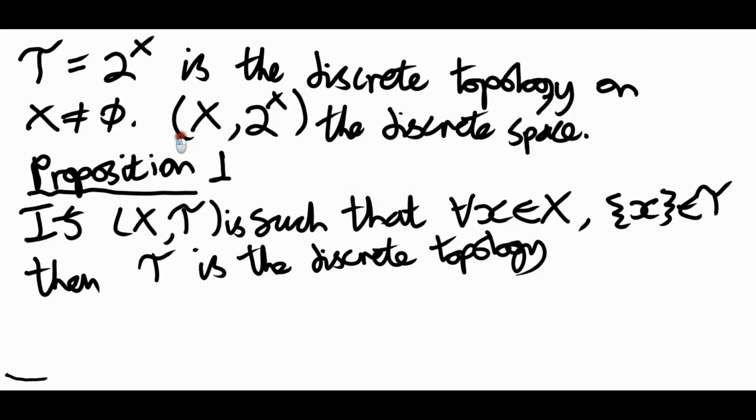Okay, so that's our first proposition. If our topological space is such that every singleton is an open set, then that is the discrete topology.